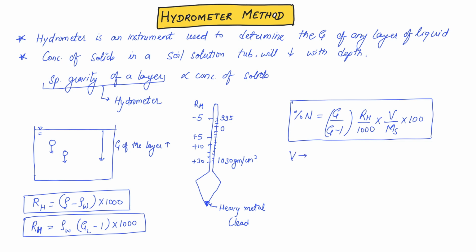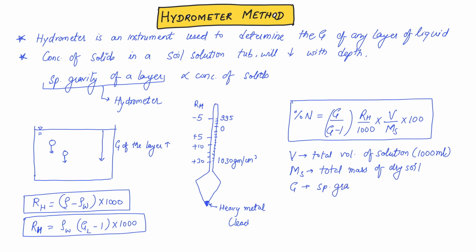What is capital V? That is the total volume of the solution. Generally this volume of solution is taken as 1000 ml, whereas capital MS is the total mass of dry soil that is mixed in the tub, and capital G is the specific gravity of soil solids.